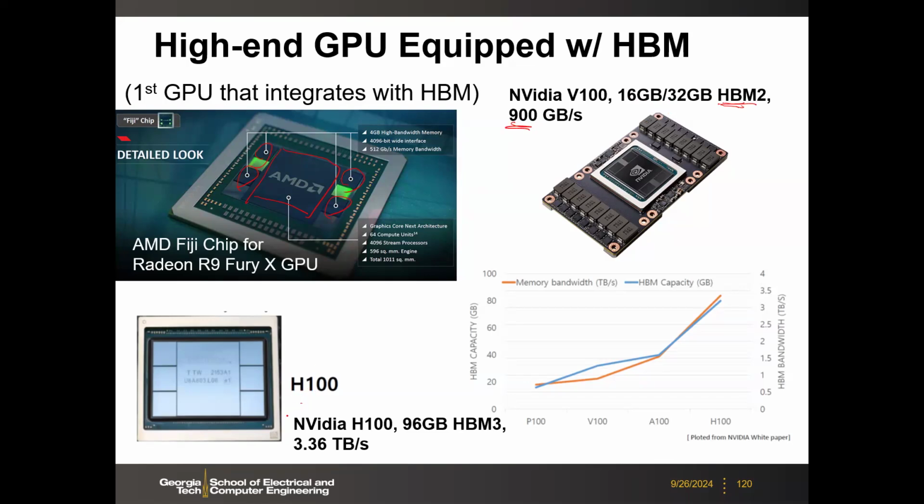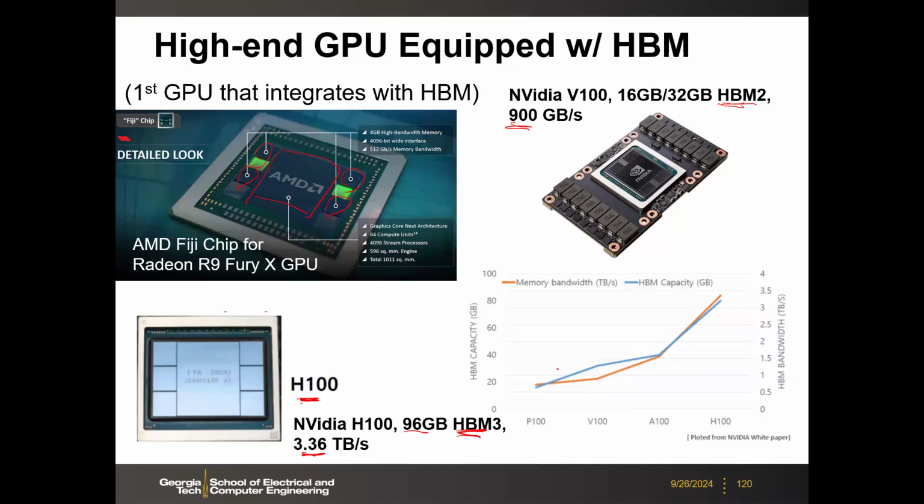Of course, NVIDIA is producing the next generation, which is B100, but that one is not on the market yet, even though they announced it earlier this year. That's just the prototype. It's not in volume production yet. So the latest one you can get is this H100. And the H100 uses the HBM3, the third generation. The total capacity is 96 gigabytes, and the system I/O bandwidth is about 3.3 terabytes per second.